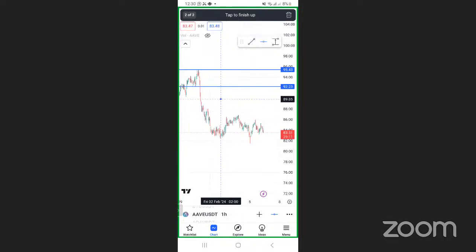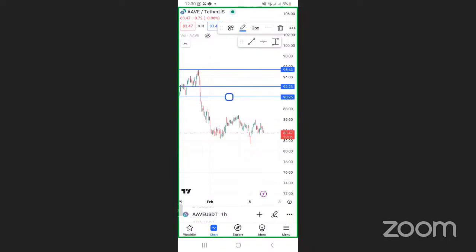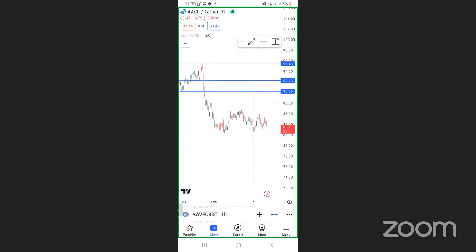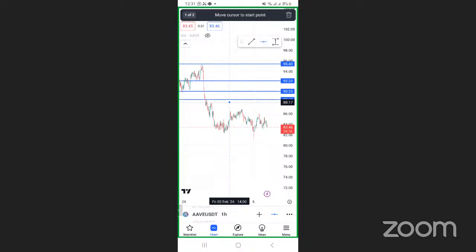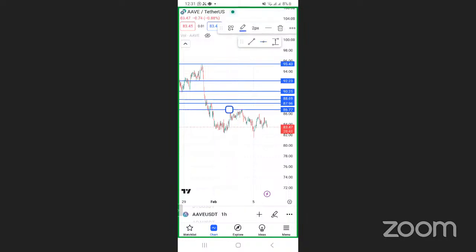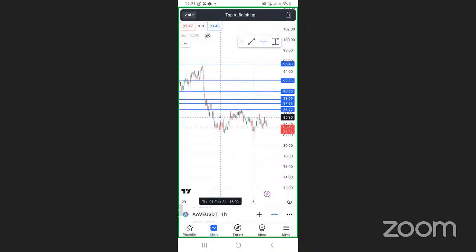Another line, I put it here, there, I put it there. You get it? When the price came around here, tried to go up and then it was rejected. So I can keep drawing my lines. Since around here it was rejected, it means a point of value. Around here, when it reached here, it tried to move up. Even here, I think.